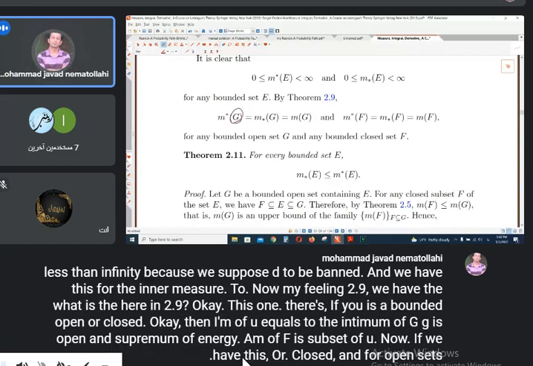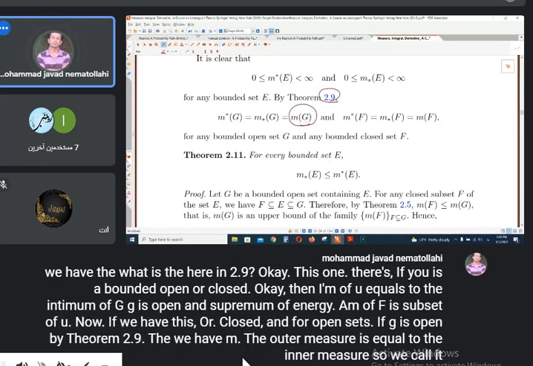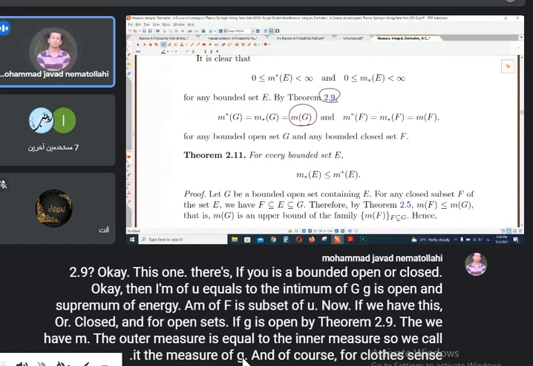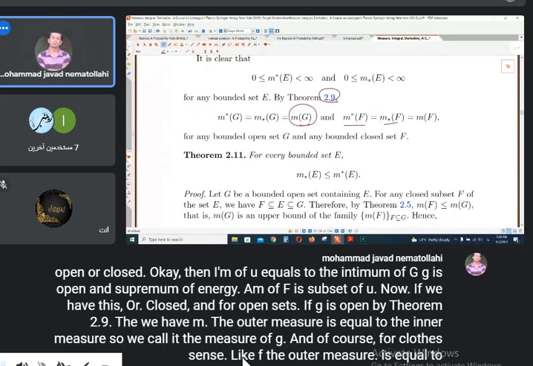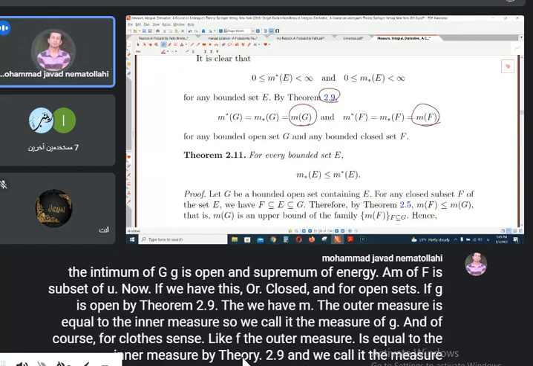If G is open, by theorem 2.9, the outer measure is equal to the inner measure, so we call it the measure of G. And of course, for closed sets like F, the outer measure is equal to the inner measure by theorem 2.9, and we call it the measure of F.